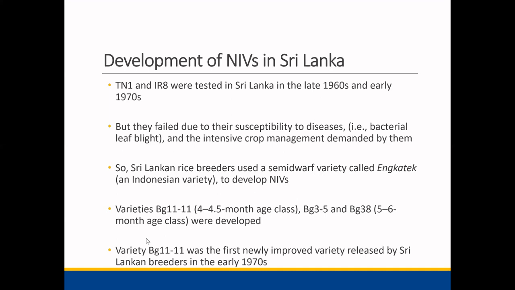There was another one called IR162, something like that. They used many varieties from the International Rice Research Institute because the collaboration increased. Our Rice Research and Development Institute had a high level of collaboration with the International Rice Research Institute in the Philippines.